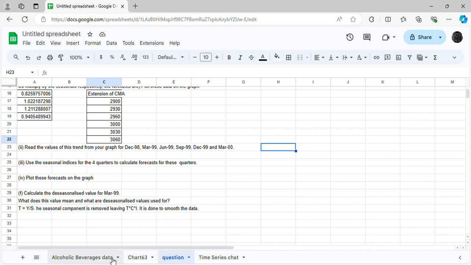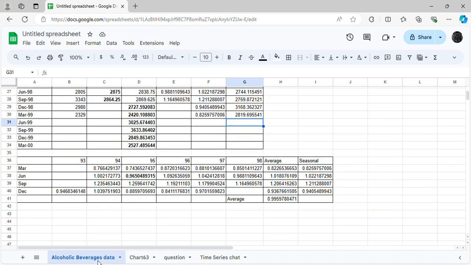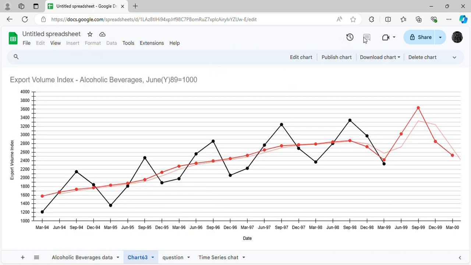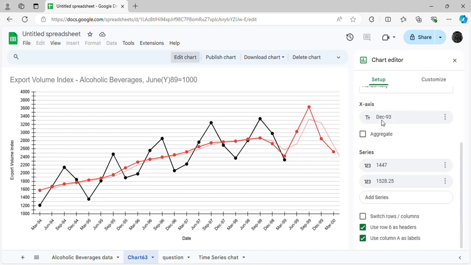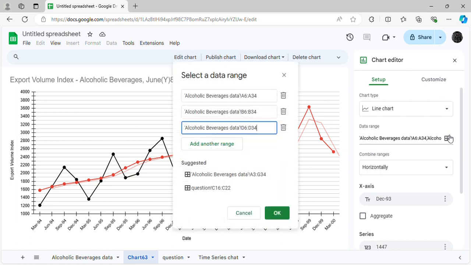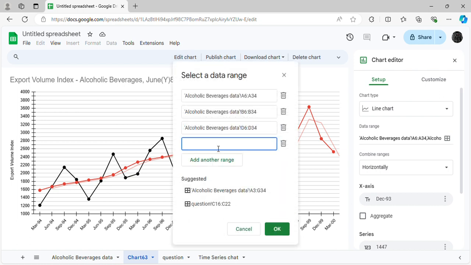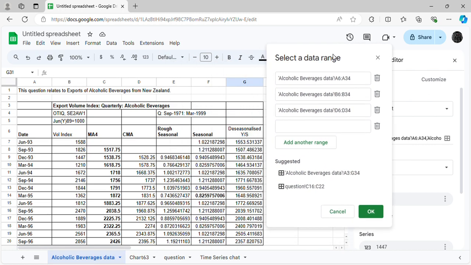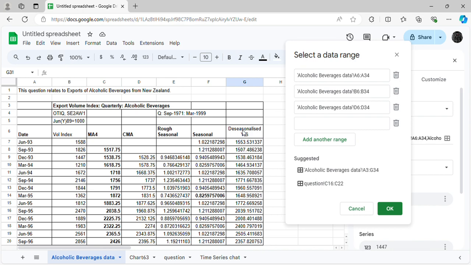So let's have a look. So let's plot this deseasonalized value on the chart. So let's add another data range. So let's add the deseasonalized values.